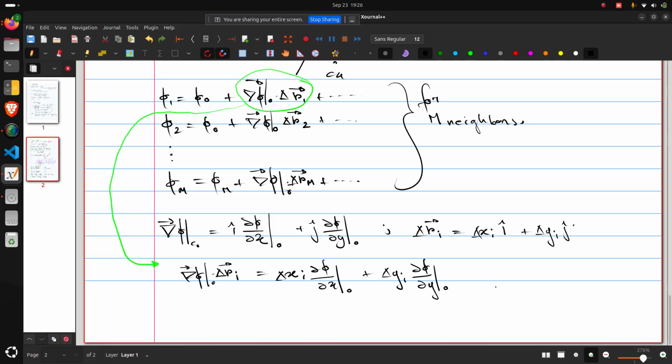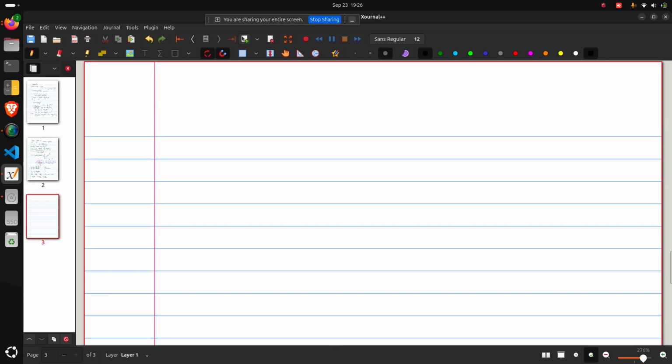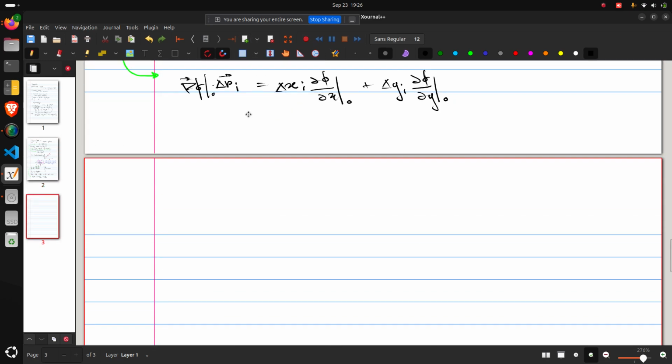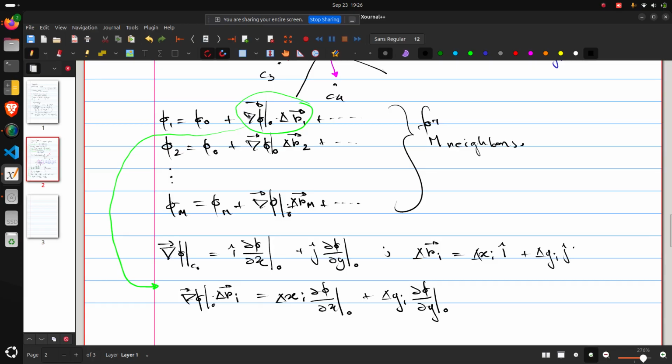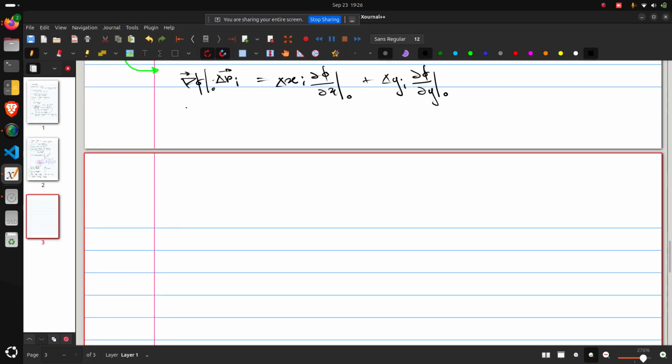So now that we have this form, we can represent it in a matrix form also, right? So let's try to represent it in a matrix form. These are the equations, right? So we have m sets of equations. We'll take the phi naught to the left hand side and rearrange the terms.